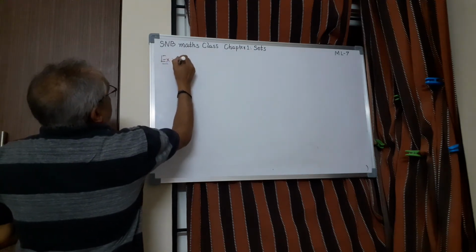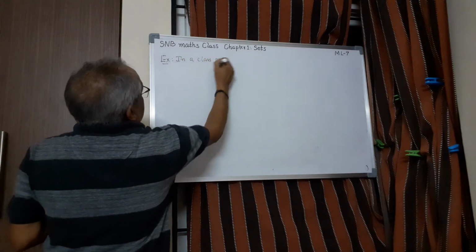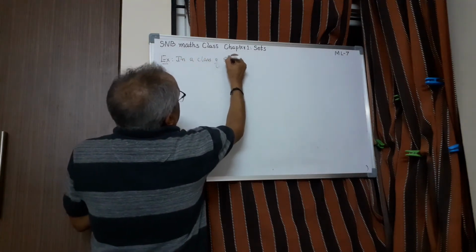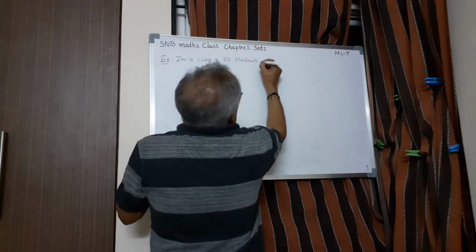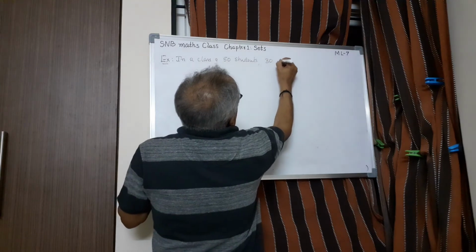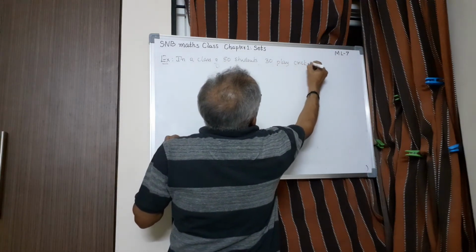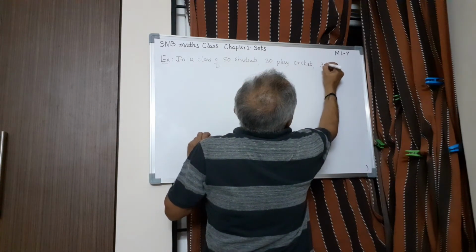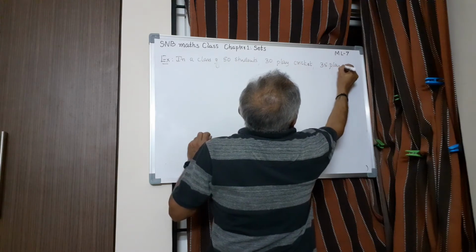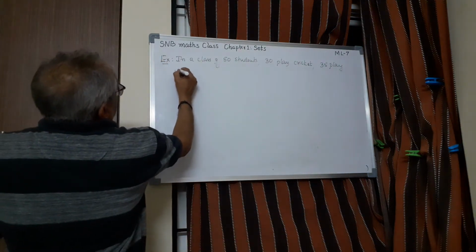Example. In a class of 50 students, 30 play cricket, then 35 play volleyball.